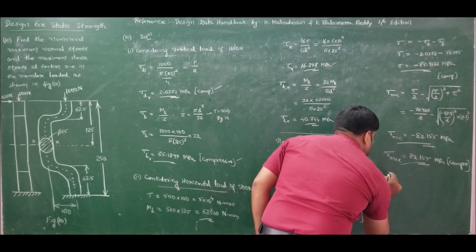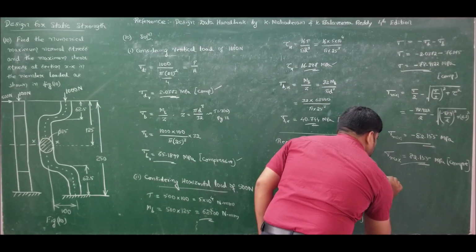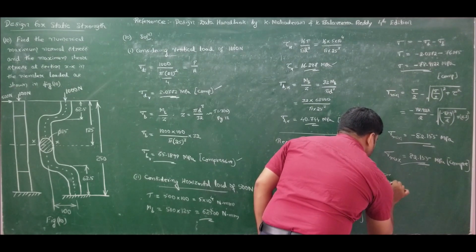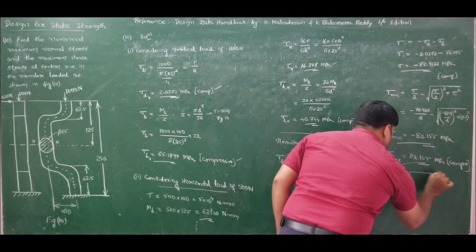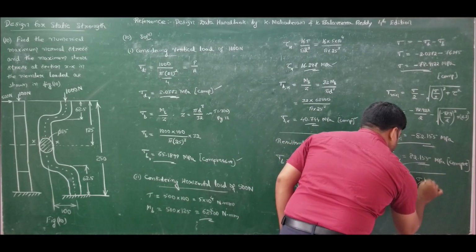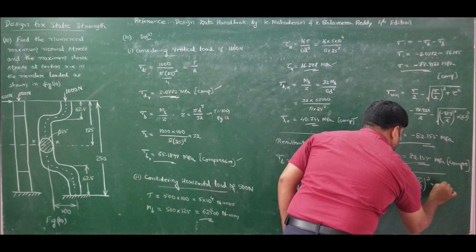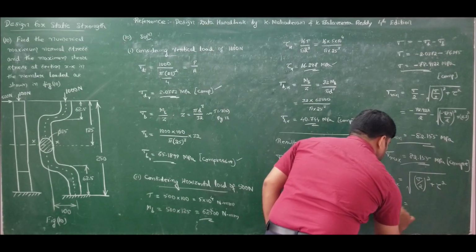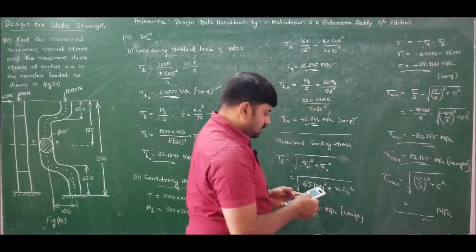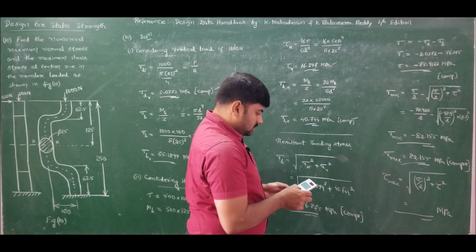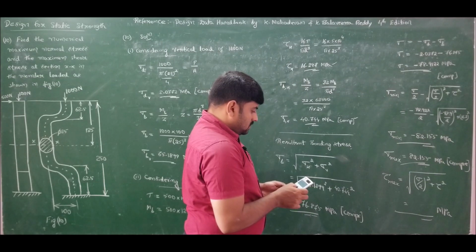Now if I go for tau max, it is equal to root of sigma by 2 whole square plus tau square. Maximum shear stress will be the term under the root.